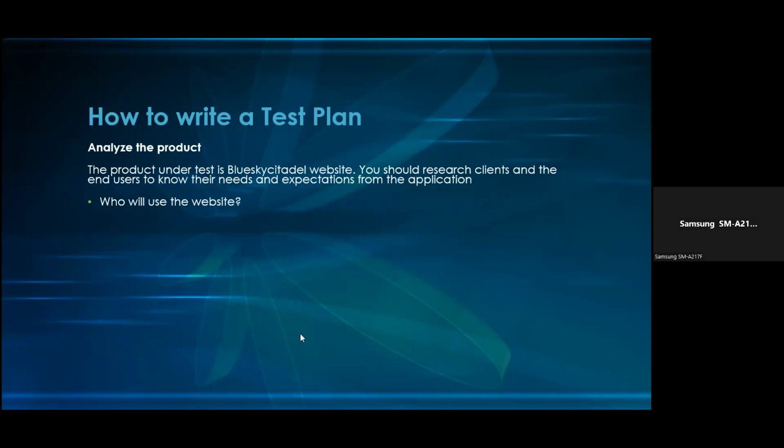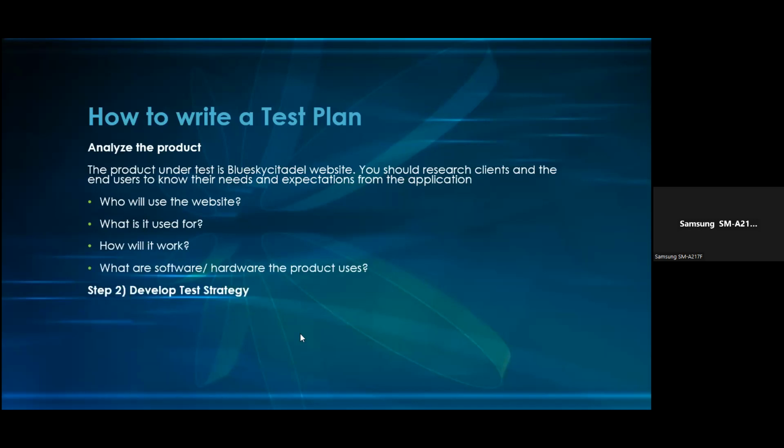What is this application used for? You need to know it when you're analyzing the project. How is it going to work? We need to register via the link. So that's how we work. What are the software and hardware the product uses? All these things are some of the questions we ask when we're analyzing the product.